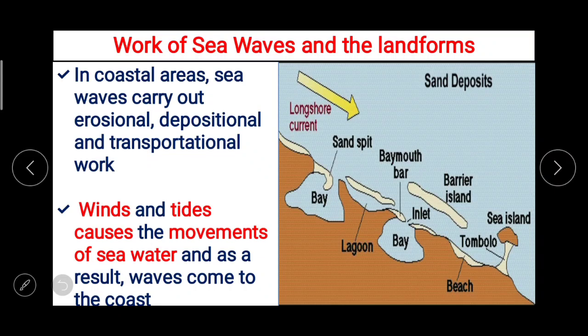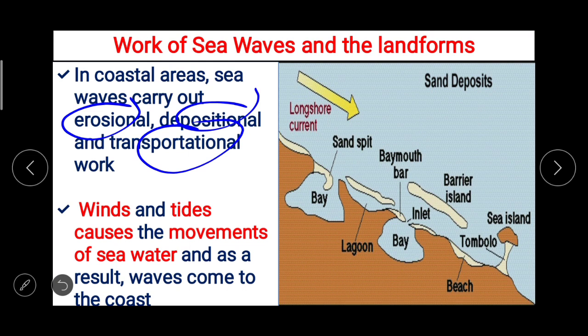Now the next one, work of sea waves and the landforms. When the waves break at the coast, they bring with them water, transported stones, pebbles, sand particles, etc. In coastal areas, sea waves carry out erosional, depositional and transportational work.